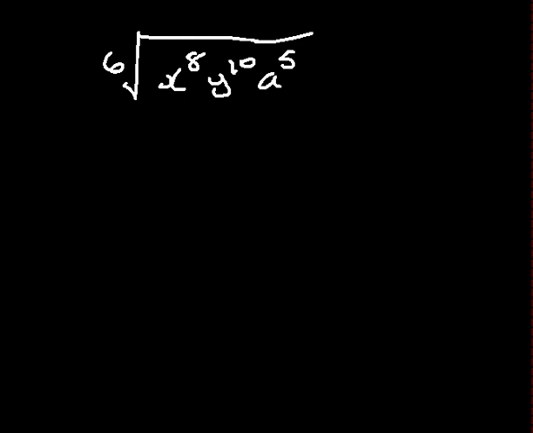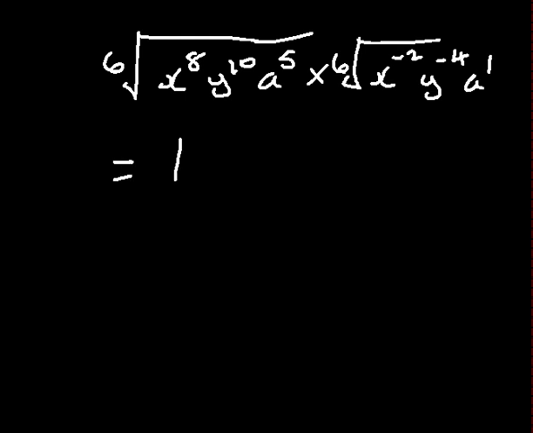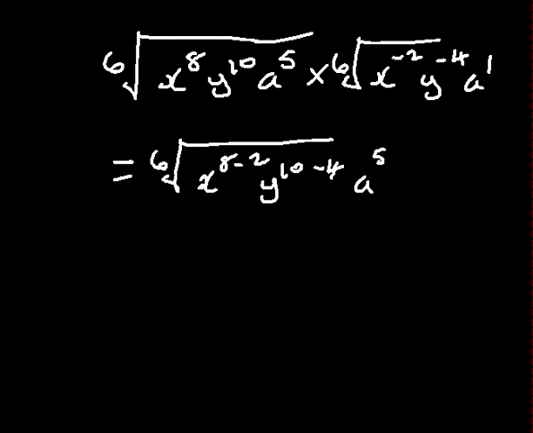So in this case, we'll have the 6th root of x to the power negative 2, y to the power negative 4, and a to the power 1. So if we multiply the two, we'll have the 6th root of x to the power 8 minus 2, y to the power 10 minus 4, and a to the power 1 plus 5.